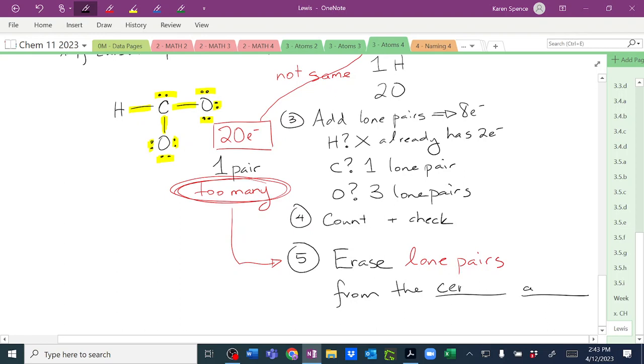Central atom. So we're going to erase lone pairs from the central atom, and because we had 1 pair too many, we are going to erase 1 pair.